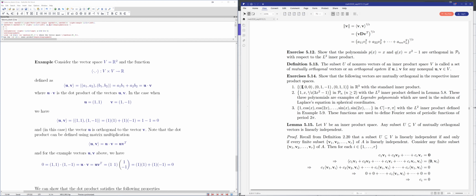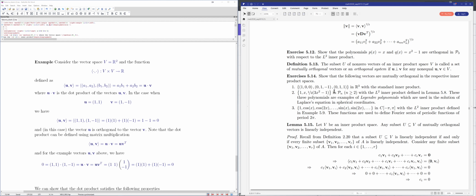You can check that when you take the dot product of the first vector with the second vector, you'll get 0. And the second vector is orthogonal to the third vector over here. Here I'm using the standard inner product. So if I take the dot product of the second vector with the third vector, I'd also get 0. And if I take the dot product of the first vector with the third vector, I'd get 0.